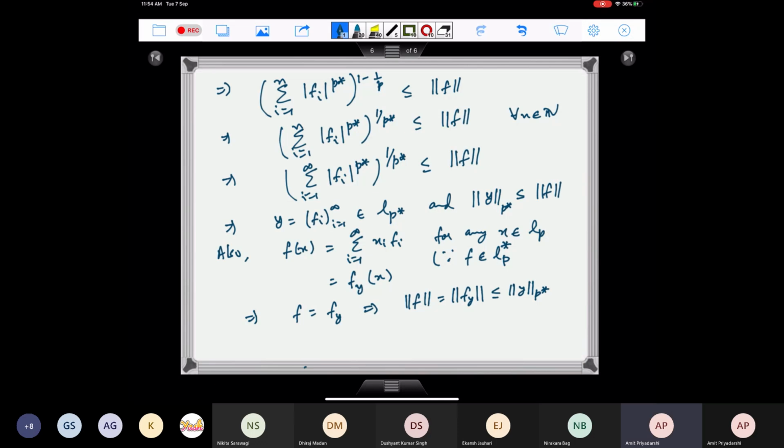So we have that the norm of y is less than or equal to the norm of f, this is one, and we also have that the norm of f is less than or equal to the norm of y, so therefore the norm of f is equal to the norm of f sub y, which equals the norm of y p star.